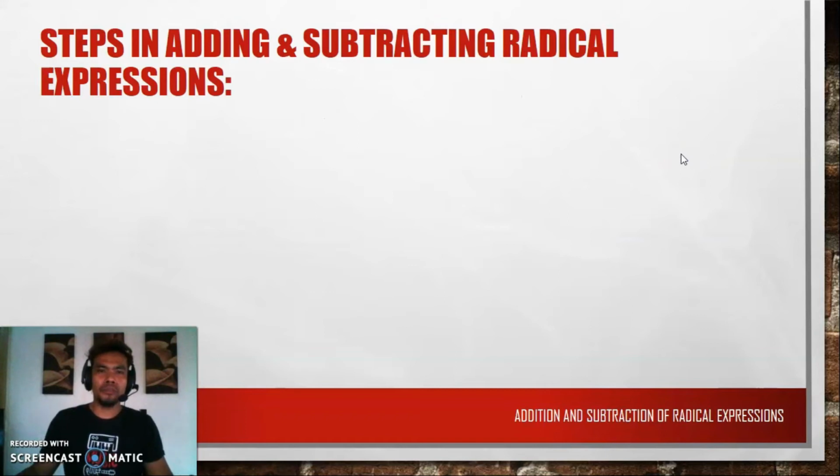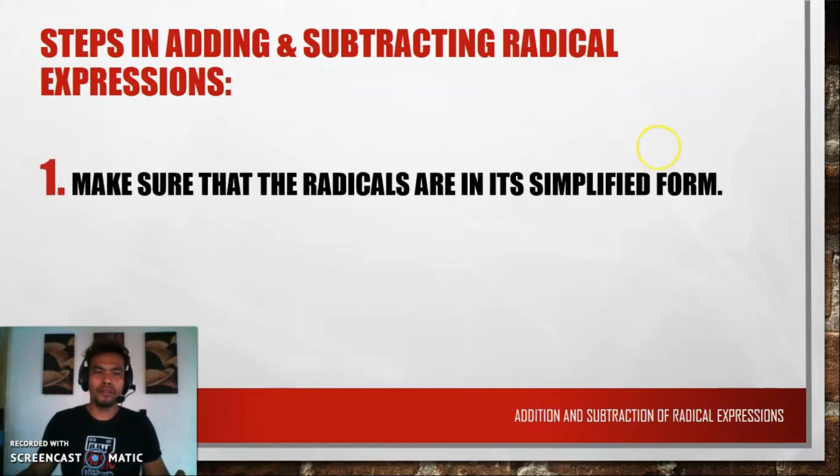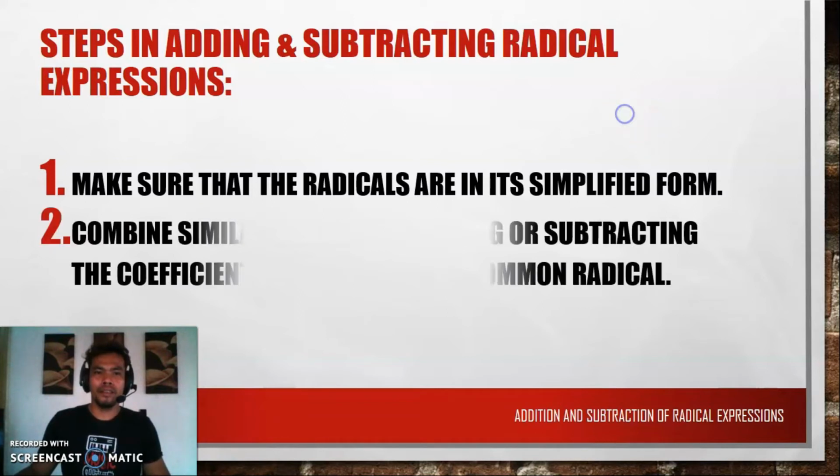To add or subtract radical expressions, just follow these two simple steps. The first step is to make sure that the radicals are in their simplified form. Just like what we did in our review, if the given radical expression is not in its simplified form, you have to simplify it.